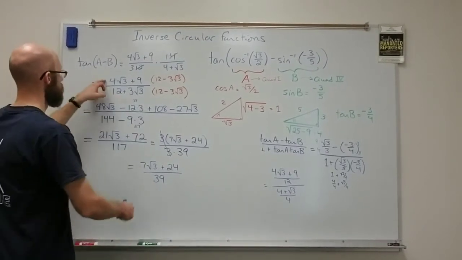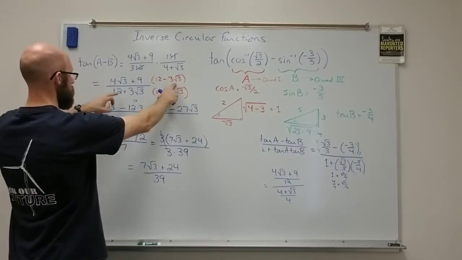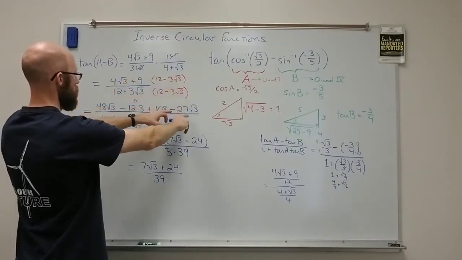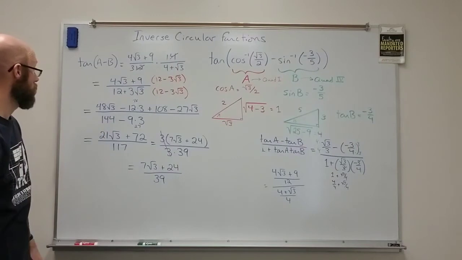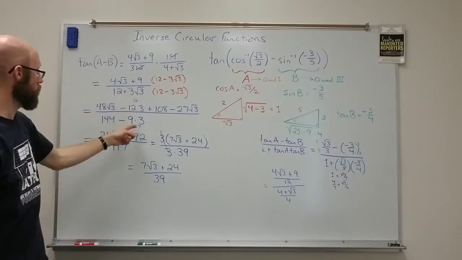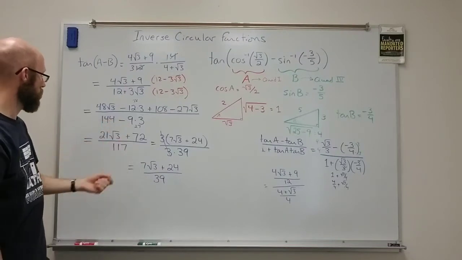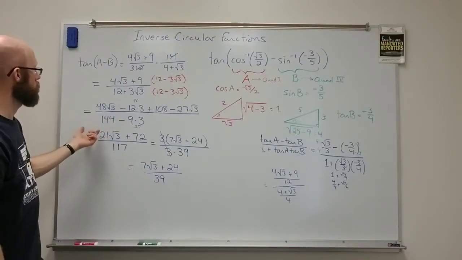That times that is 48√3. That times that is minus 12 times 3, 108. That looks okay. Difference of squares. That's good. That subtraction was right. Make a sign mistake?